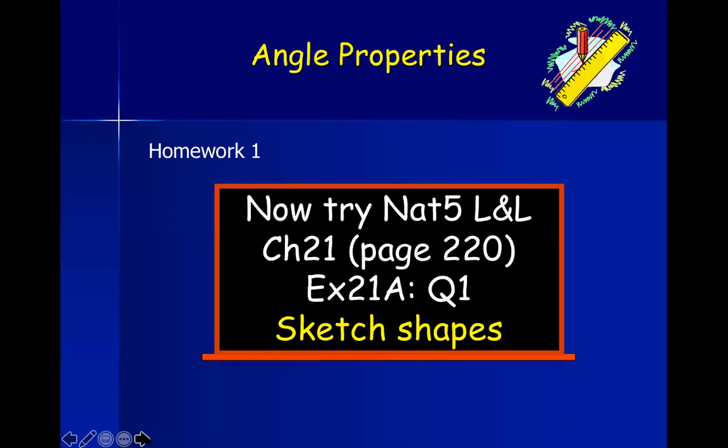So the first homework on angles is going to be chapter 21, page 220, exercise 21A, question 1. It's very similar to what we've been doing on most of those examples.